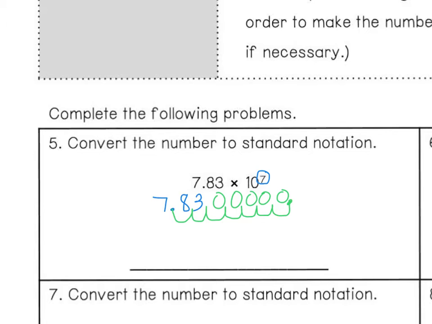And then I can go back through and count every 3 zeros to add commas if I would like. And that would be 78,300,000.